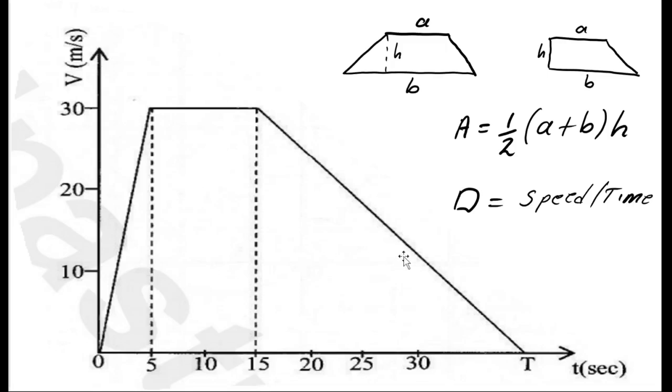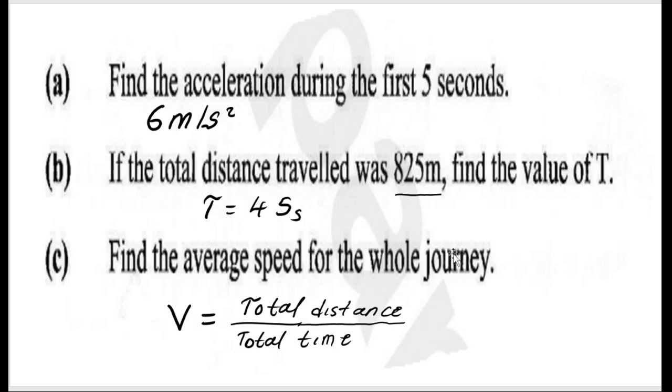So let us find the total time. The total time is here at t, which is 45 seconds. And then the total distance has been given to us in our question. They're saying the total distance traveled was 825 and the total time we found to be 45 seconds.